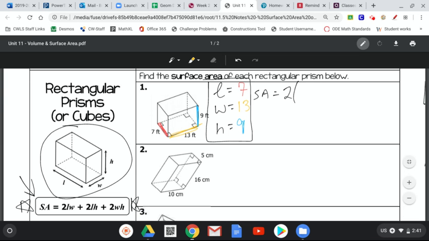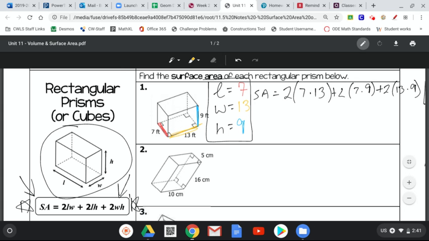For this one, length times width is 7 times 13. Then we add 2 times the length times the height, 7 times 9. And the last part, going off the formula, is 2 times width times height, which would be 13 times 9.